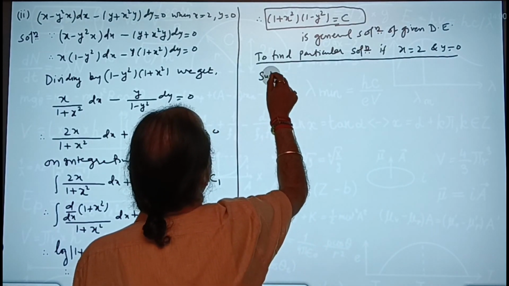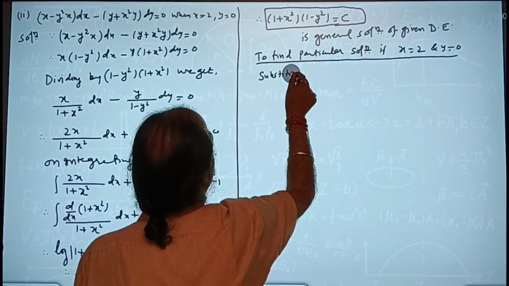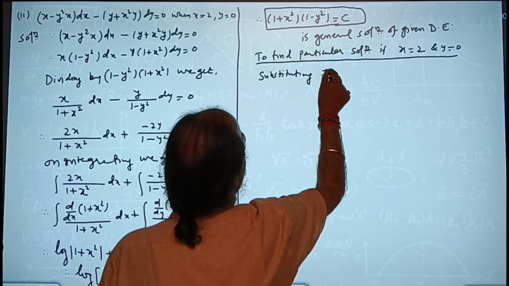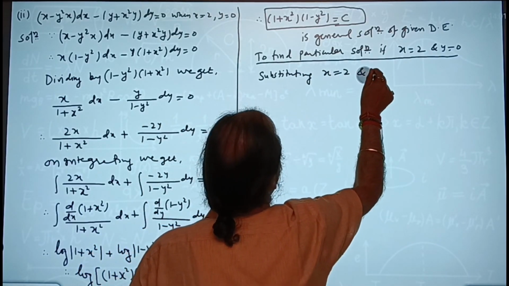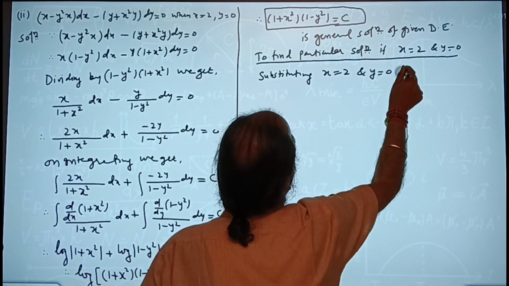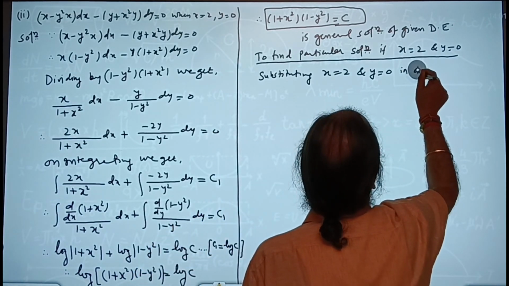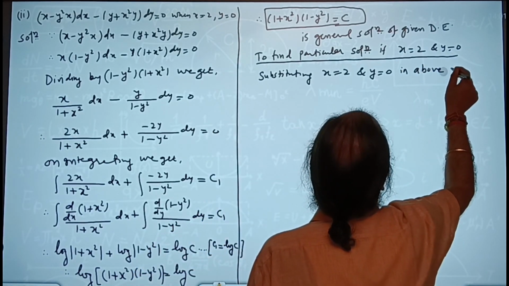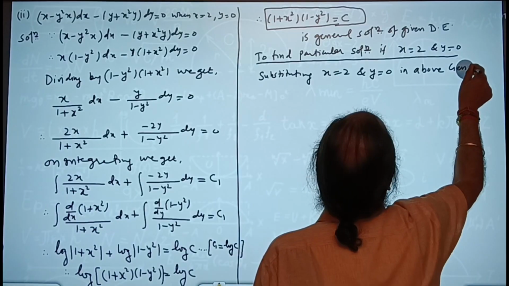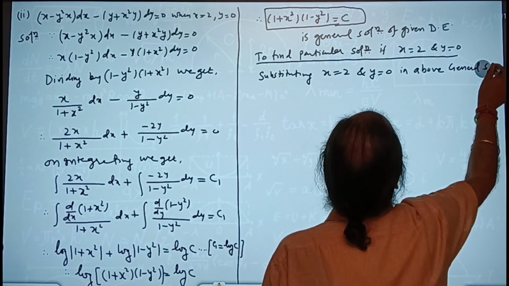Substituting x is equal to 2 and y is equal to 0 in above general solution.